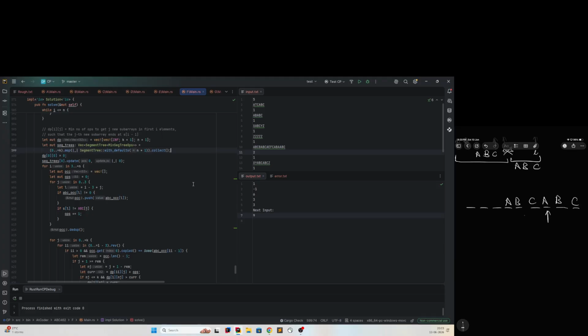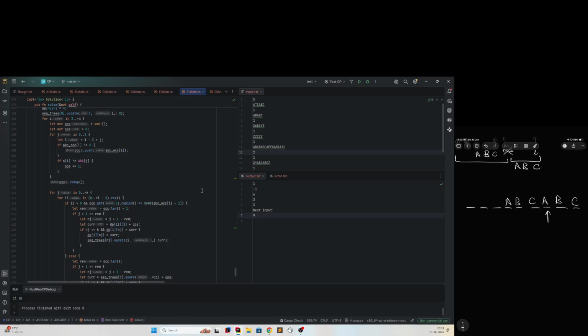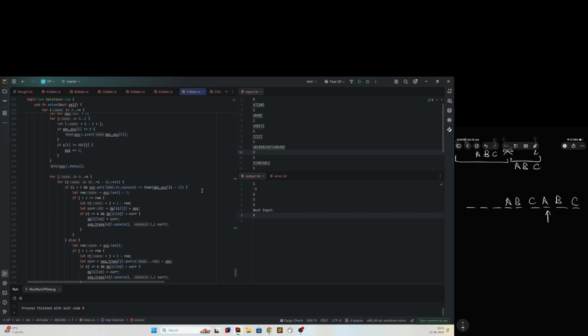So we are going to destroy two substrings, right? Here we are going to make it ABC. So this will be minus 1, this will be minus 1, this will be plus 1. I hope that makes sense.